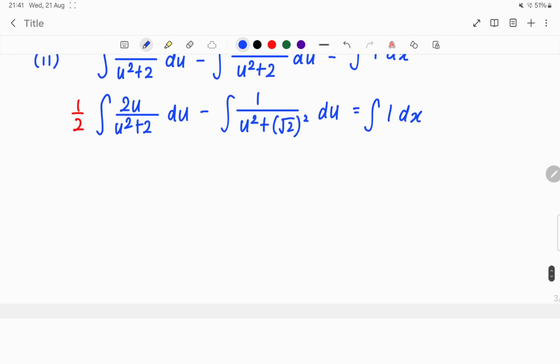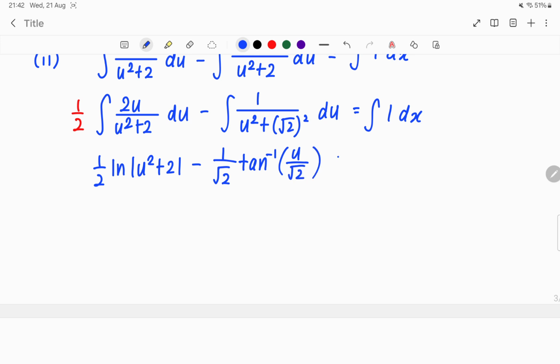We just need to apply formula. Okay, so if I integrate, it will be half ln u squared plus 2, okay, don't forget your modulus. Then over here, it will be a minus 1 over square root 2 tangent inverse x over a, then equals to x plus c.